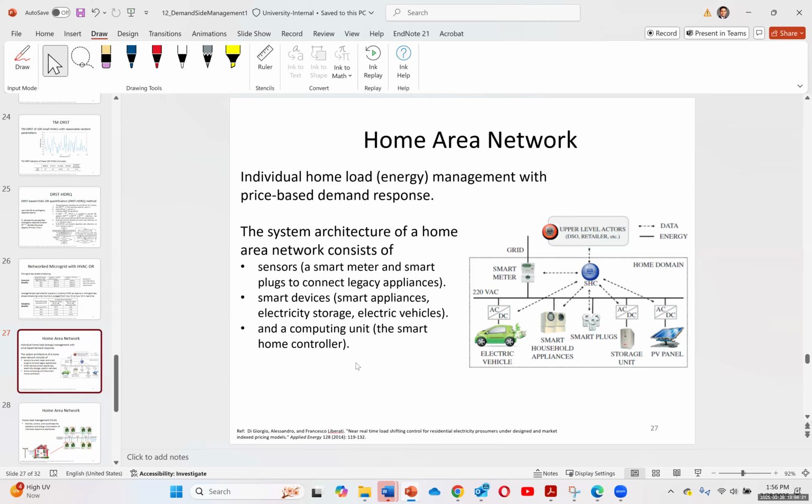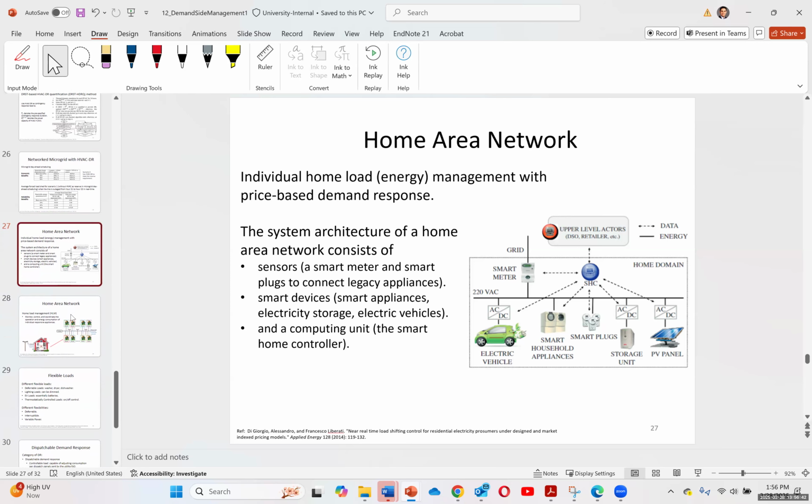And we have the computing unit, the smart home controller, and the system is able to control each appliance or your EV charging time, and to be able to control the demand response precisely down to minutes.